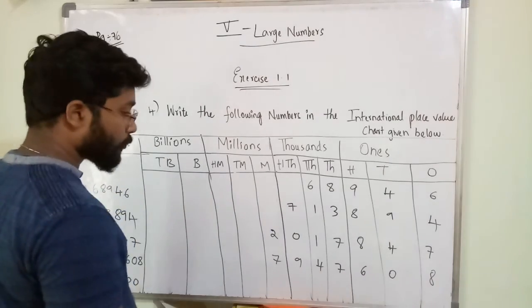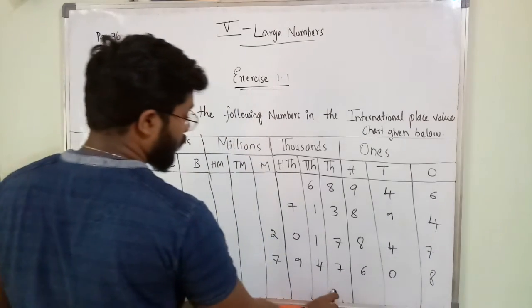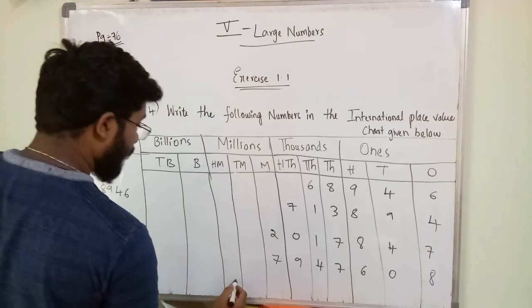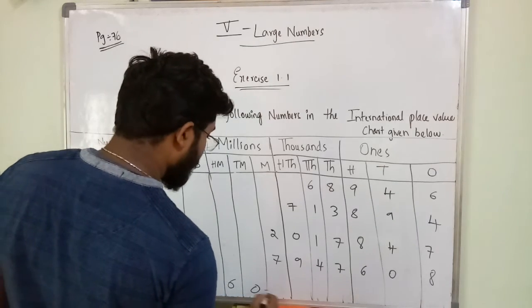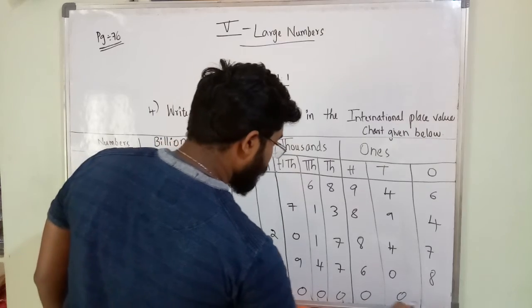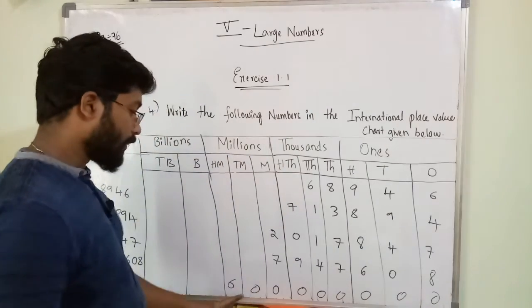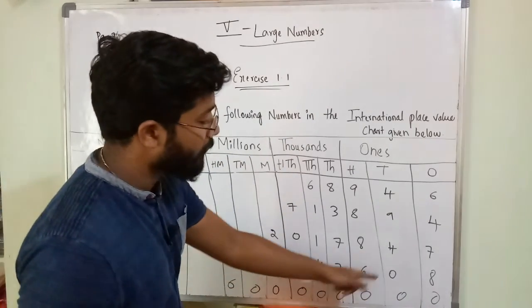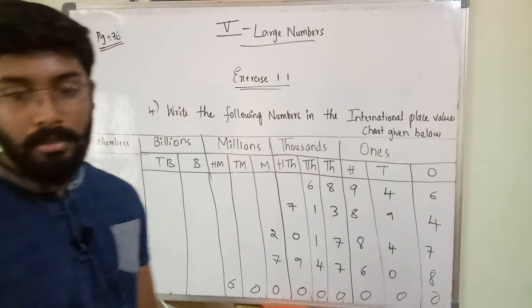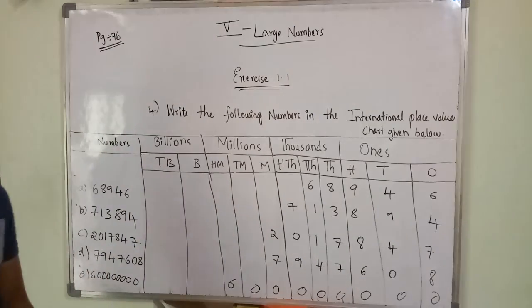Total 9 digits, no? 1 2 3 4 5 6 7 8 9. So from here you have to write 6 and then the zeros. We have filled 9 digits. Up to here it is clear, no?